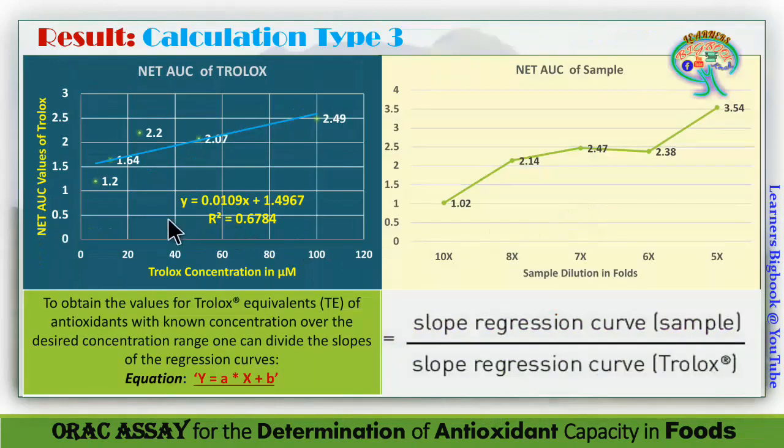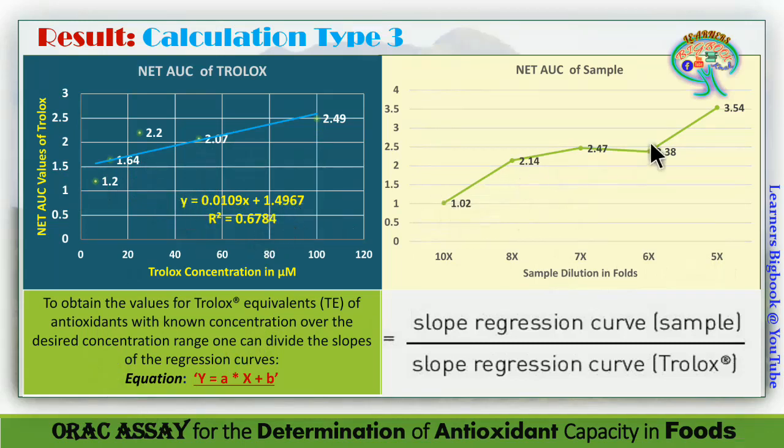Further is calculation type 3. In this, the net AUC of Trolox, the graph is the same, and the net AUC of the sample, as you can see in this sample net AUC graph, has dilutions like 10x, 8x, 7x, 6x and 5x. Here first we will discuss how the calculation is done. Here also you get the regression curve, that is the regression line has to be generated and the equation has to be generated with that.